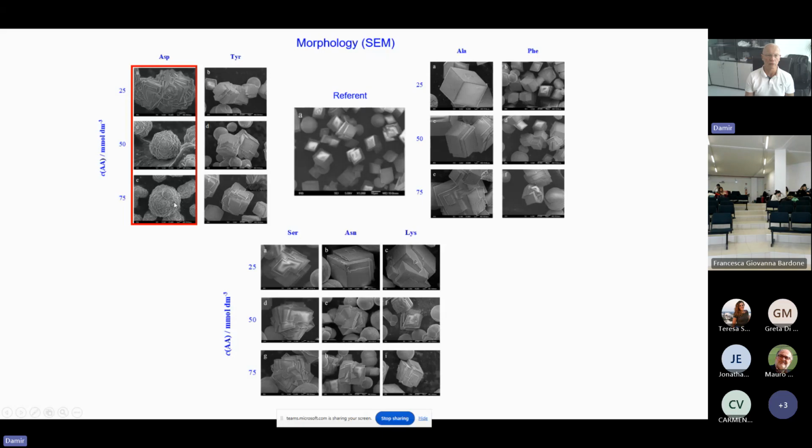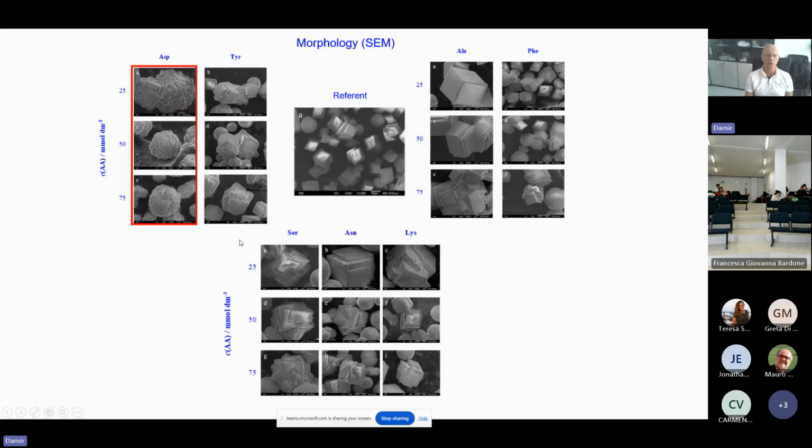So this is calcite. A similar trend was found with tyrosine, which shows formation of additional planes. Here you can still see some vaterite, but at the highest concentration there is only calcite with a lot of planes.